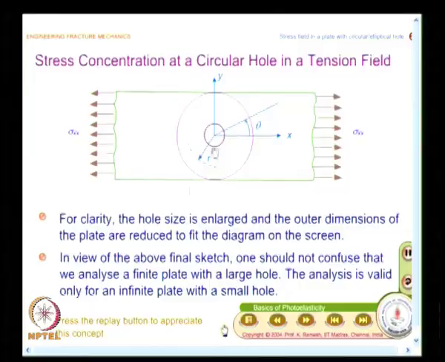Because you are accustomed to seeing a finite diagram like this in the books, the students immediately jump when they actually solve a problem of a plate with a hole which is finite in dimension. They think that this solution is directly applicable. Because of space constraint, you have this. You have to imagine that the boundaries are at far away distances from the hole dimension.